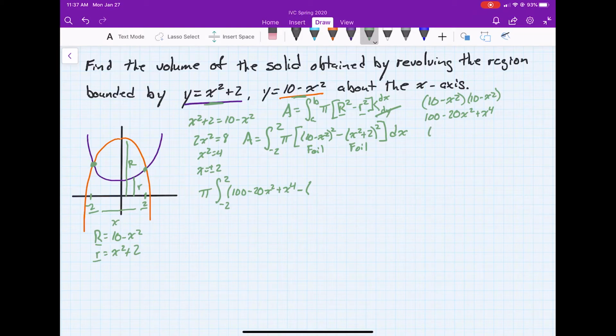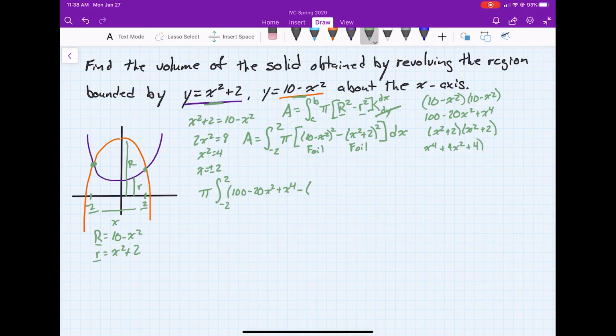So let's go ahead and FOIL this one, x squared plus 2 and x squared plus 2. So that's going to be x to the fourth plus 4x squared plus 4. 2 times 2 is 4, yeah.